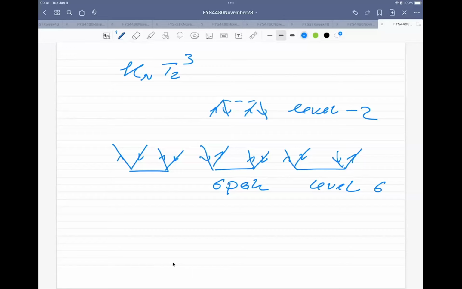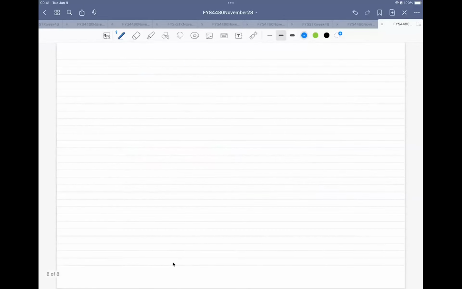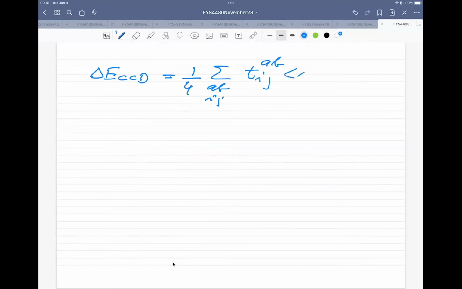If we now look at the energy equation which we had here, this delta E CCD is given by 1/4, and then there is a summation over ABIJ, and then we have the unknown amplitudes. We have a value for these amplitudes for every iteration, and then we have the interaction matrix element, which was given by the matrix element of V between ij and ab here.